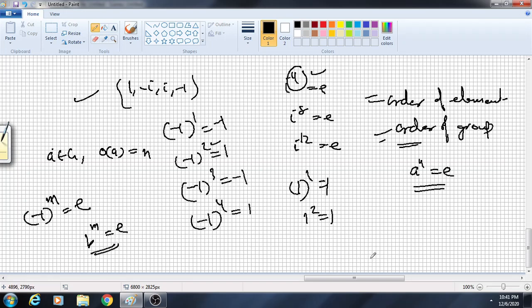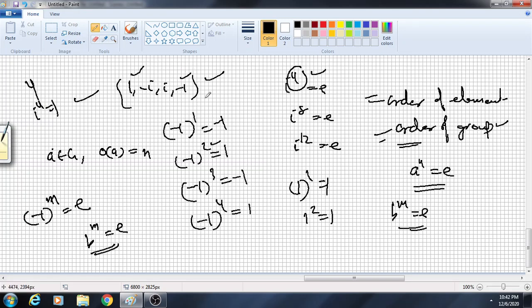Okay, so the order of a group is actually the smallest positive power of the generator with that property. But for an element, it is basically the smallest positive integer m with the property that b raised to m is equal to e. So in this cyclic group the order is 4 because i raised to 4 is equal to 1, but the order of 1 is simply 1.